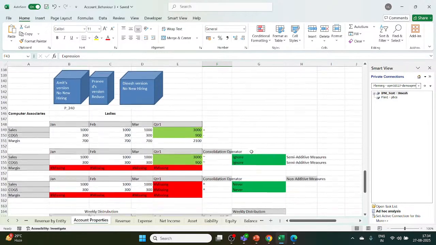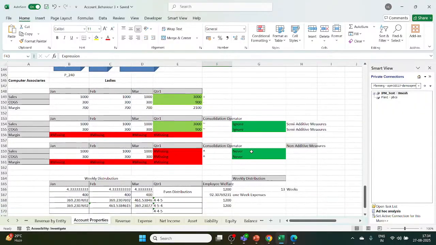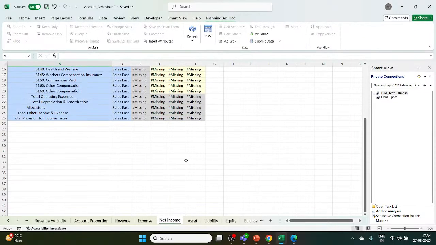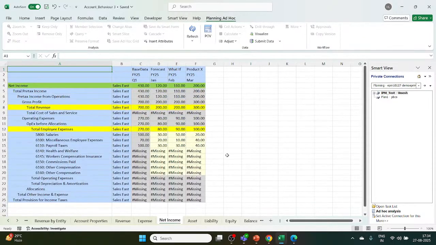So for our dynamic calc property, we have to make one example here for understanding this thing.